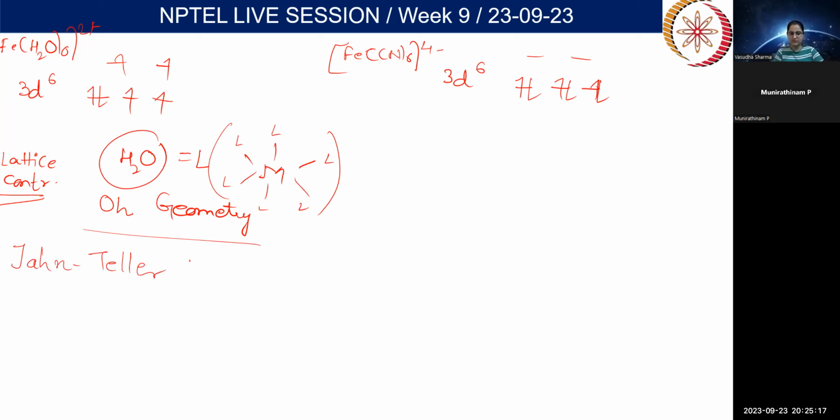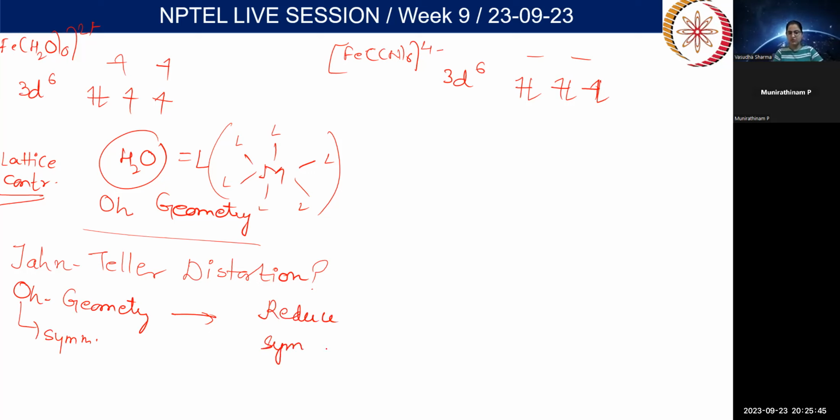Are you aware of this particular terminology? I know, ma'am. Jahn-Teller distortion, I know. Okay. So whenever we have any higher symmetry, that means octahedral symmetry, because of this distortion it tries to reduce the symmetry to a lower level.